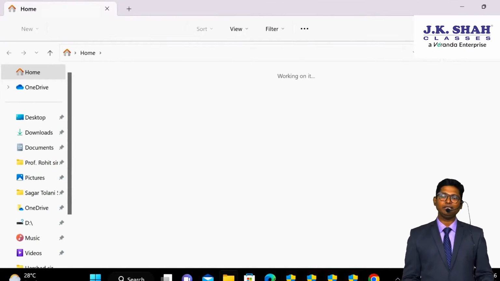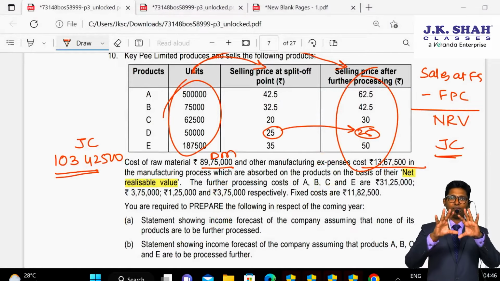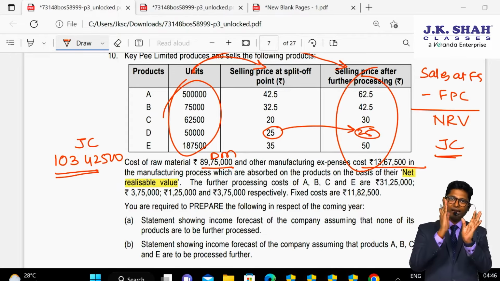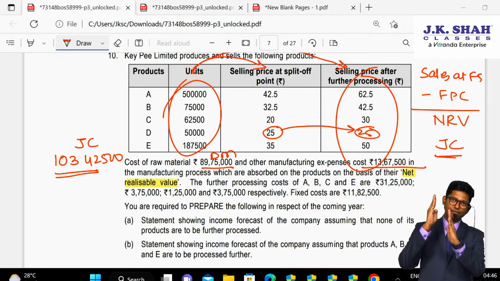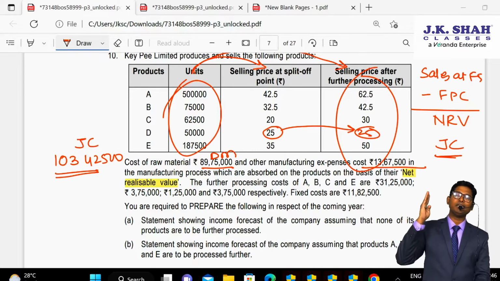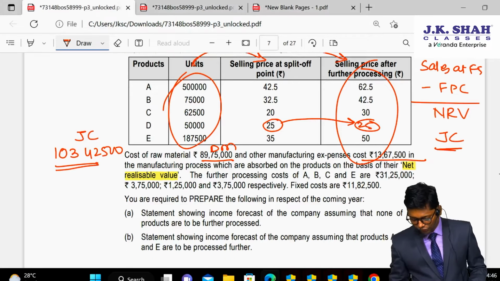I always teach and ask students to use the NRV method for presentation with 7 columns, that is product name, quantity, final selling price, multiplication gives you the 4th column sales value, minus 5th column FPC, 6th column is NRV, and on the basis of NRV you should bifurcate the joint cost.